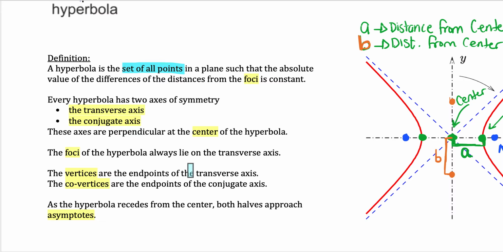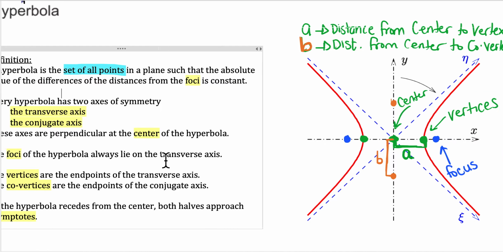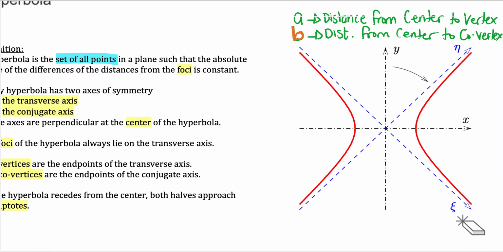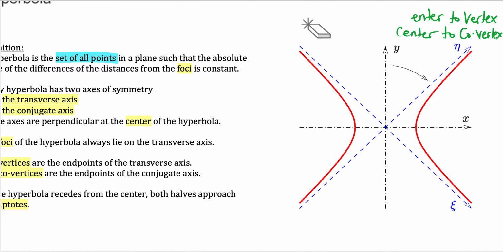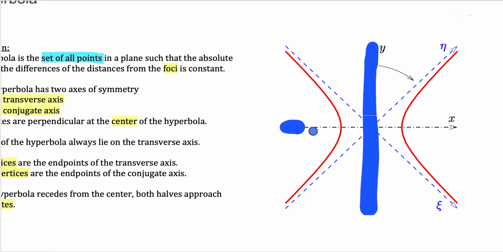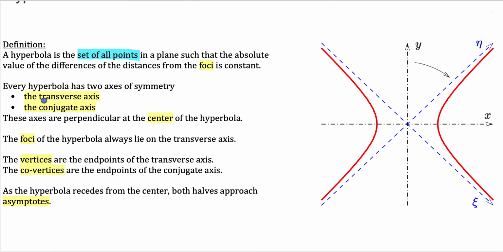Every hyperbola has two axes of symmetry. I'm going to erase this now because it's a lot to be on one diagram. So I hope you're taking notes. So two axes of symmetry, and that is going to be here and here. It is always going to be vertical and horizontal, and my axes of symmetry are called the transverse axis and the conjugate axis.